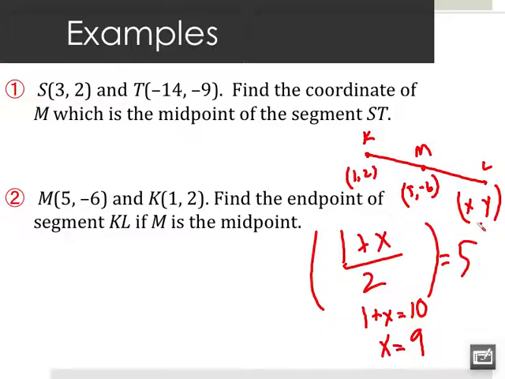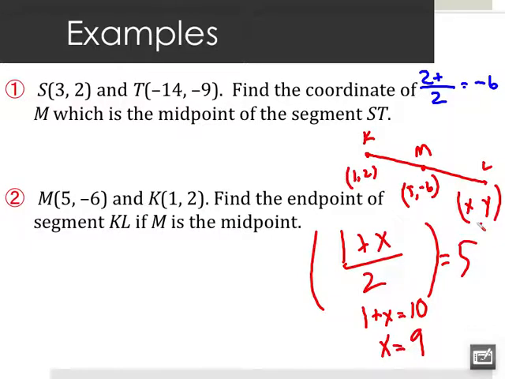I got half of my answer now. Mary, back to you. What equation do I set up for the y value now? 2, the whole thing? Yep. 2 plus x over 2 equals -6. Close. In parentheses.